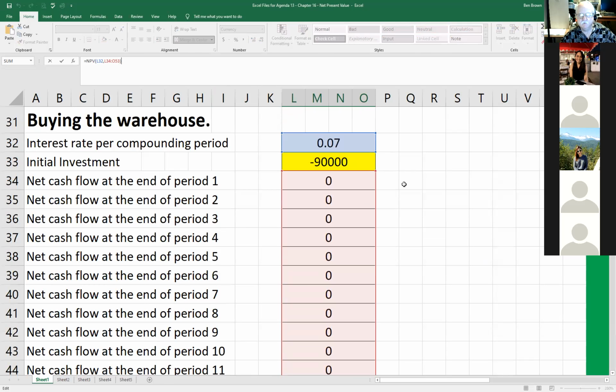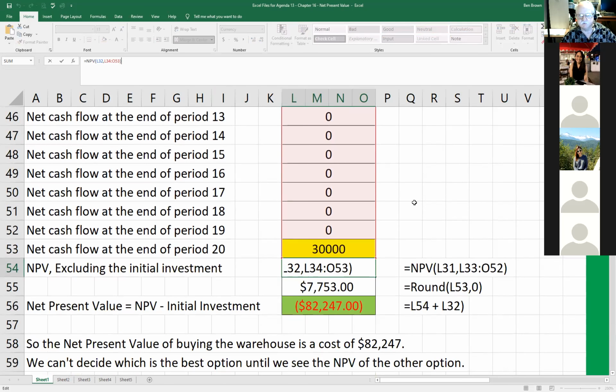And then we have a column of values, but notice this does not include the initial investment. So this just gives us the net present value of the 30,000 at 7%.